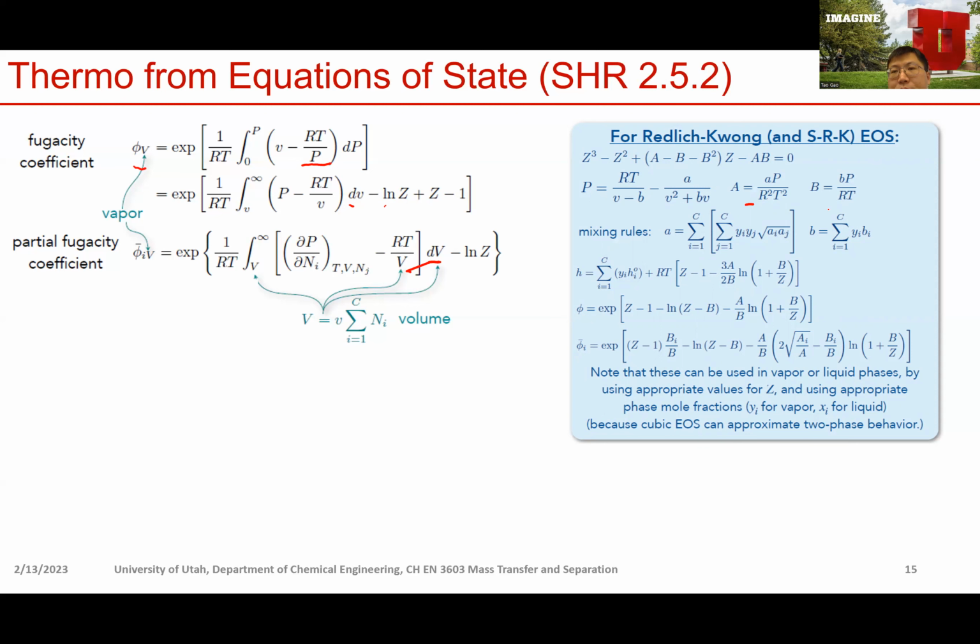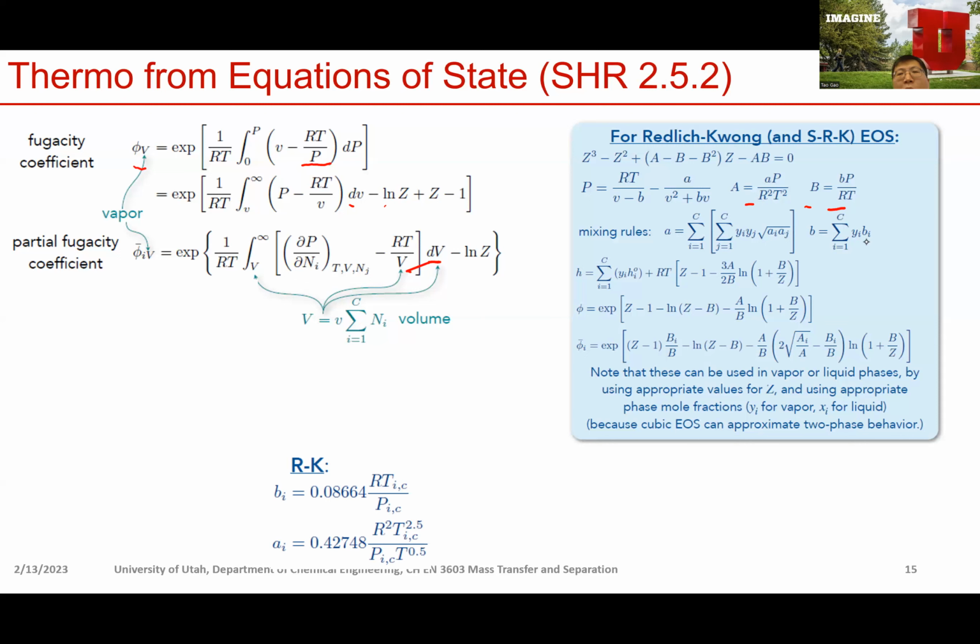And the big A depends on small a, and big B depends on small b, and the small a depends on the mole fraction and the small a of each species. And small b depends on the mole fraction and the small b of each species. Okay, and then the small a and b depend on which equation of state you use.